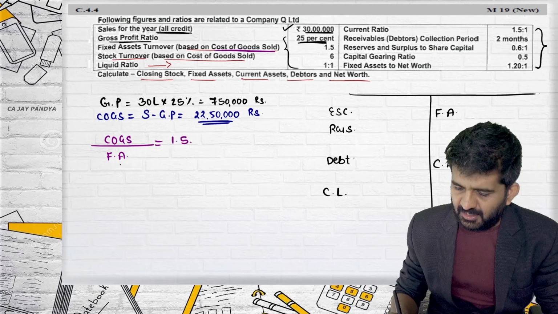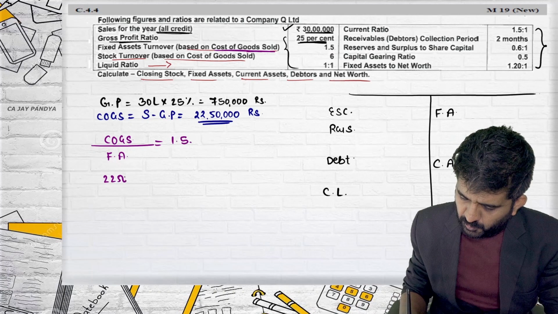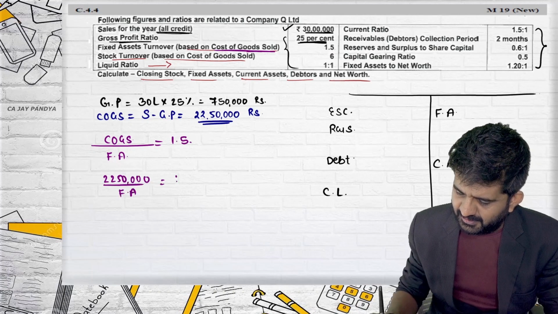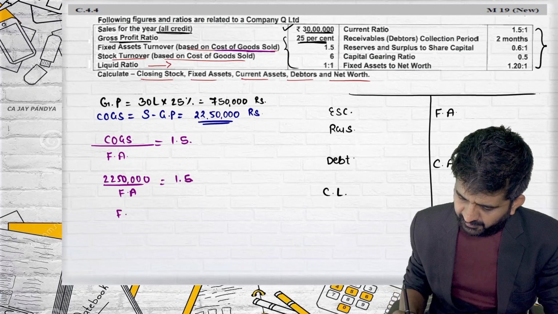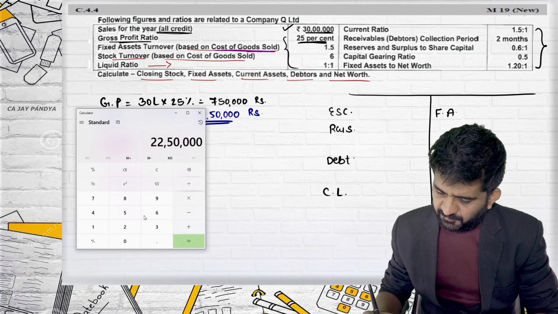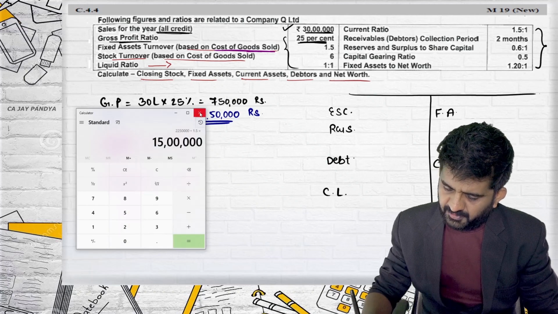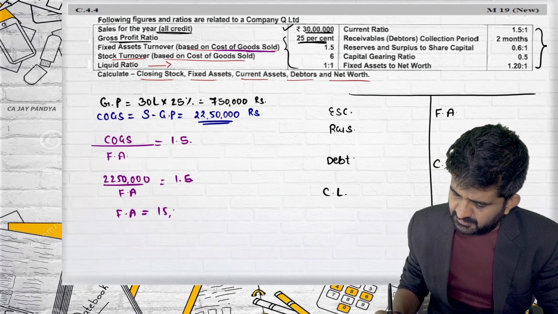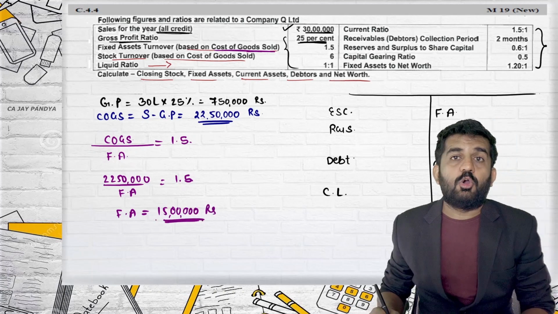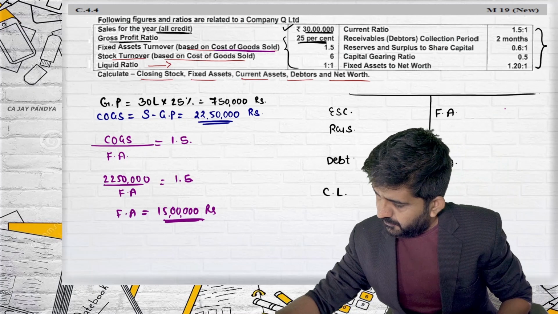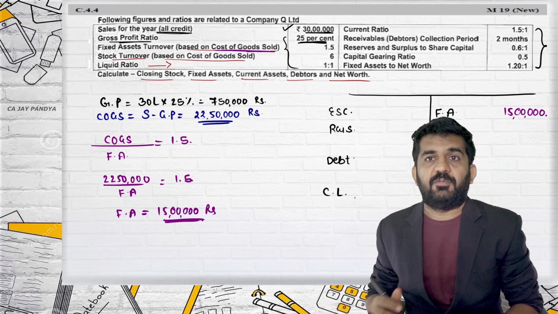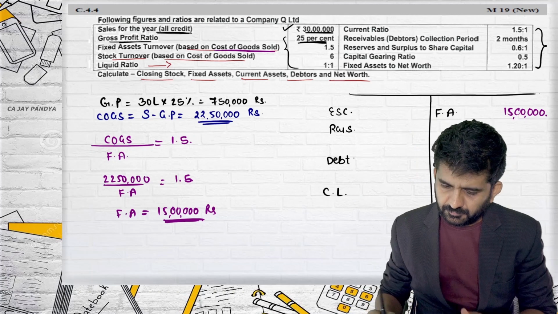I have the answer of COGS, 22 lakh 50,000, divided by fixed asset is equal to 1.5. So fixed asset will be 22 lakh 50,000 divided by 1.5, which is 15 lakhs. So I got one answer. Which answer? Fixed asset of 15 lakhs.